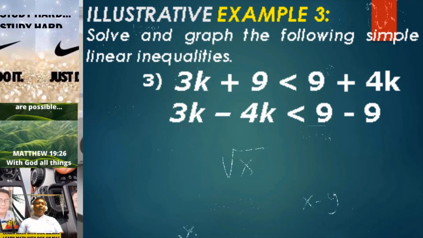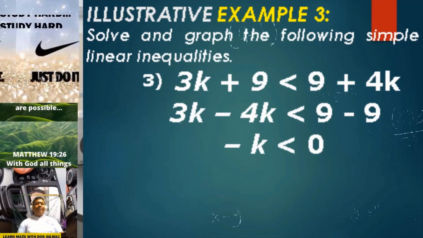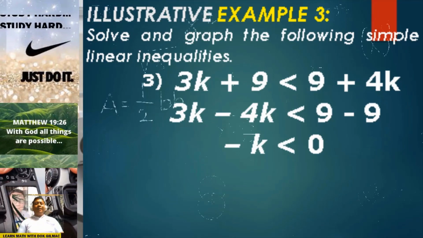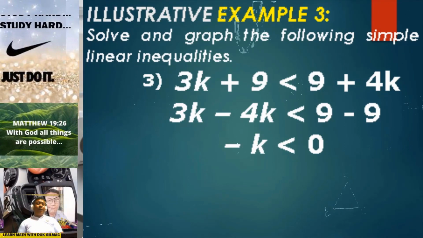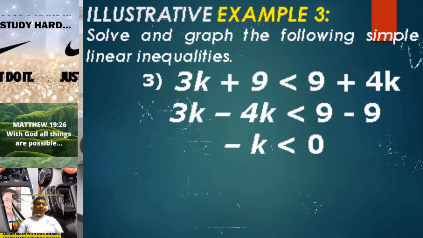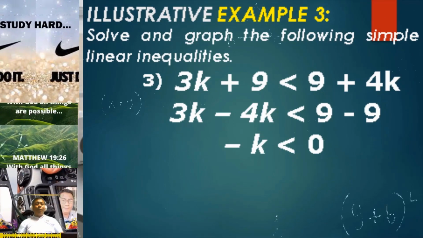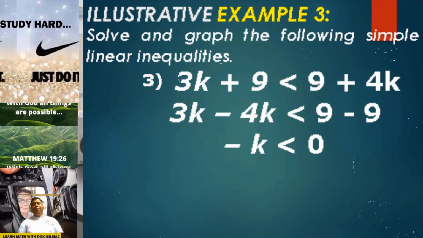From here, we have negative k is less than 0, since 9 minus 9 is equal to 0, and 3k minus 4k is equal to negative k. So we have negative k is less than 0.